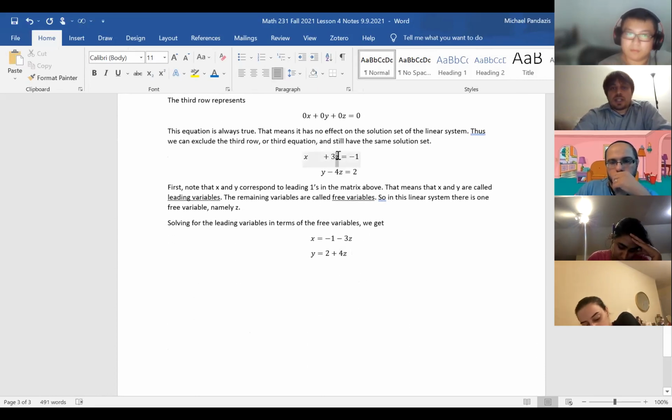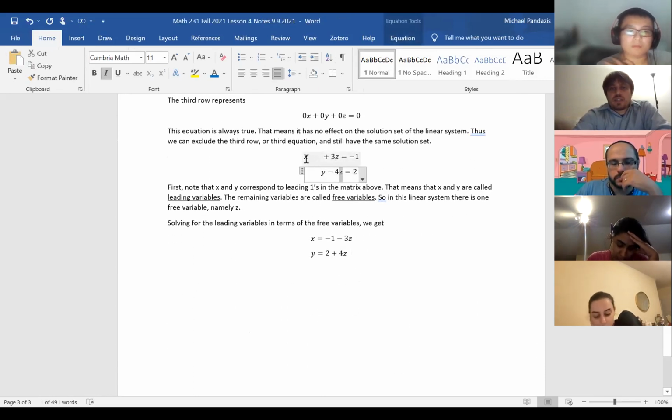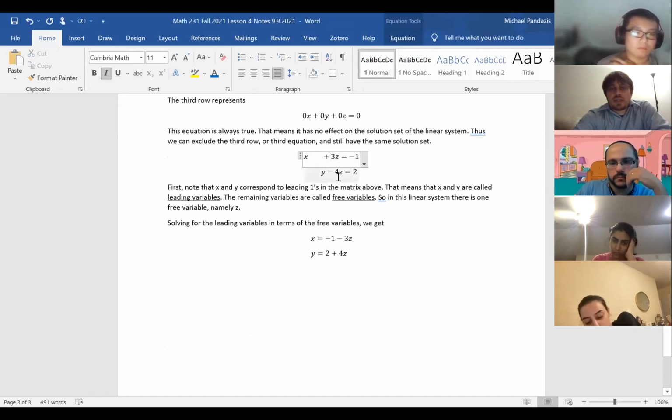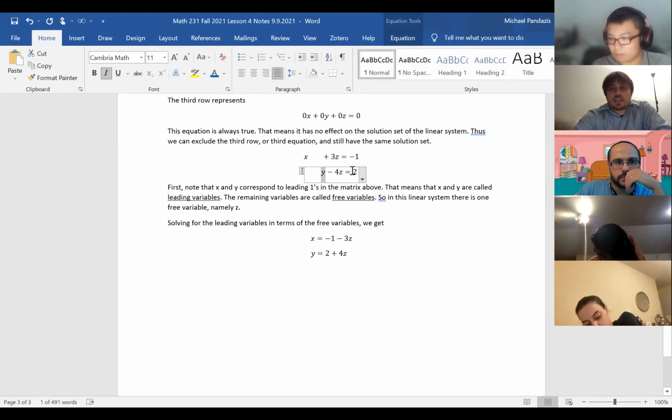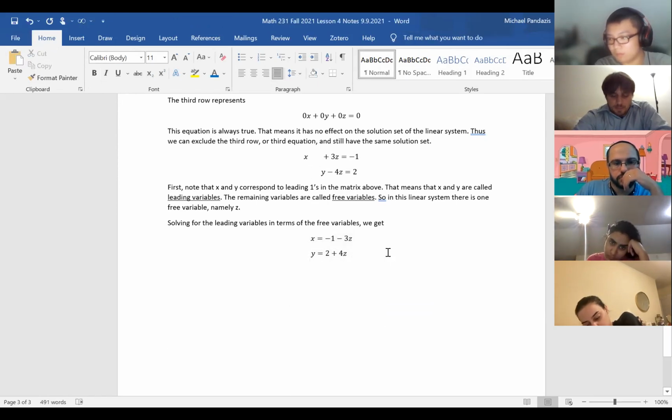Here z is a free variable, and so we're going to express x and y, which are the leading variables, in terms of z. So x equals -1 minus 3z, and y equals 2 plus 4z. So we've now expressed both leading variables in terms of the only free variable z.